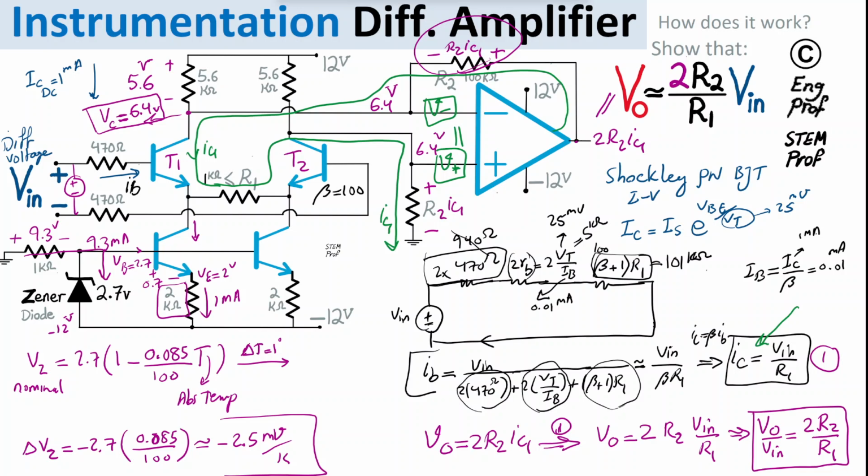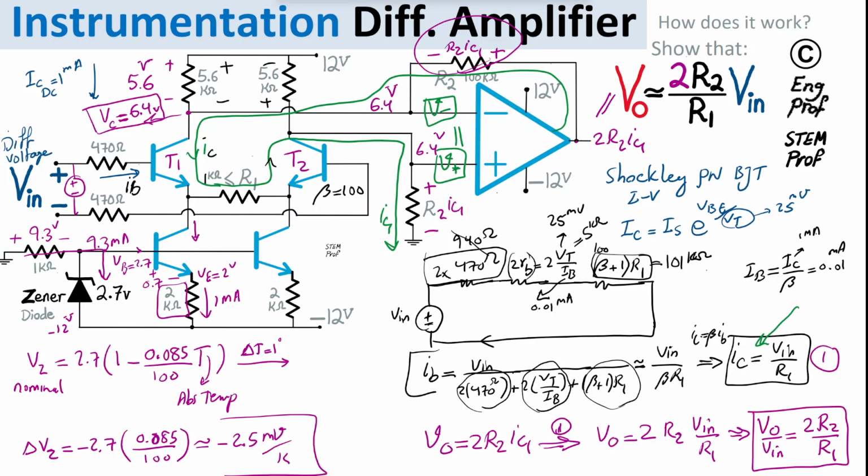If any portion of this differential current is supposed to go through IC1, it will cause a voltage drop like this. And if any portion of the returning IC1 is supposed to go this way, it would result in a drop with the polarity the other way. So like this.